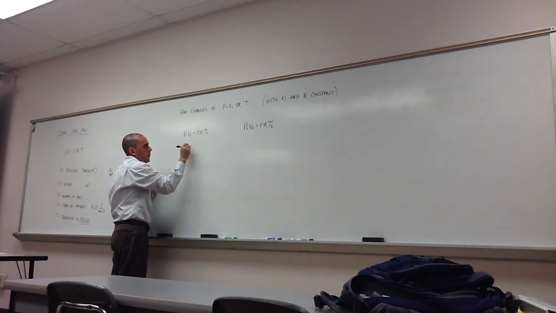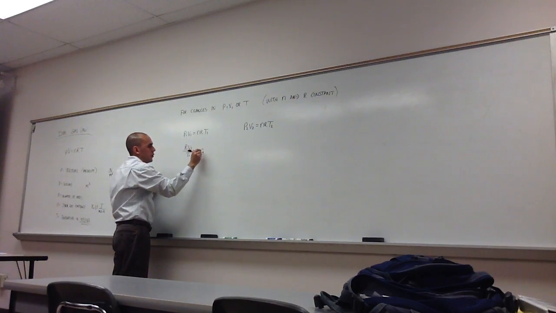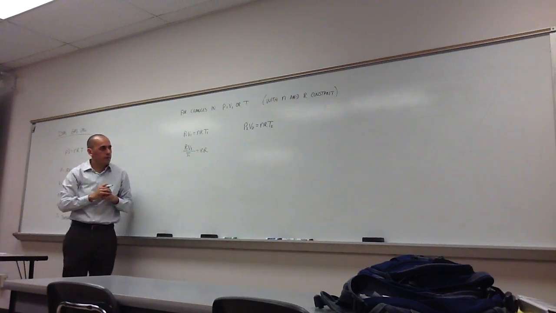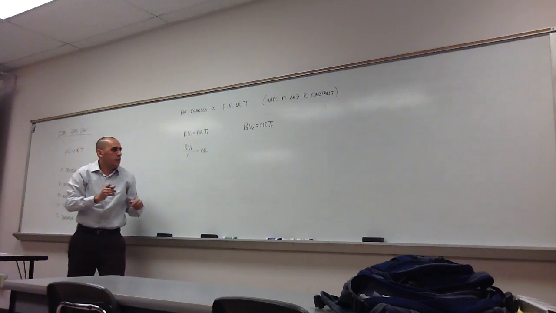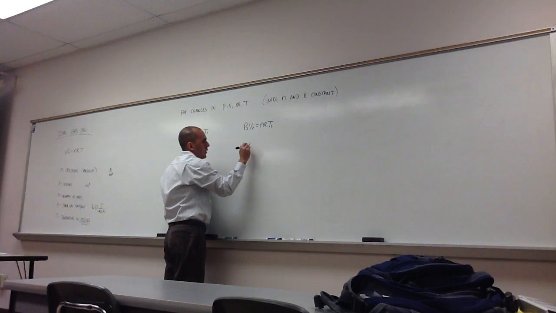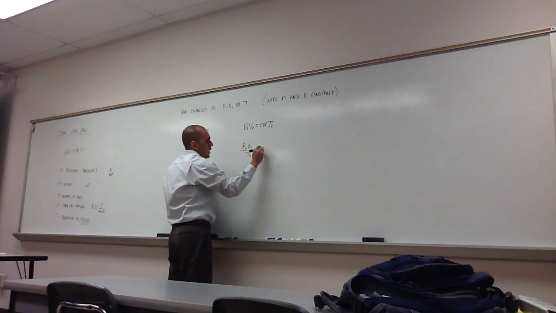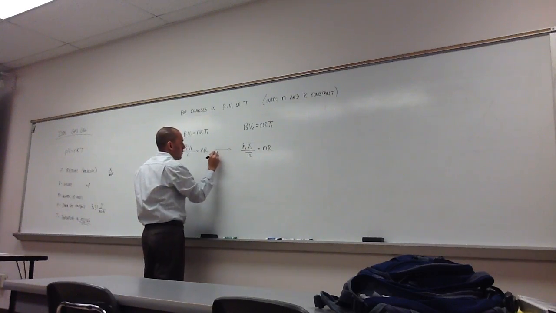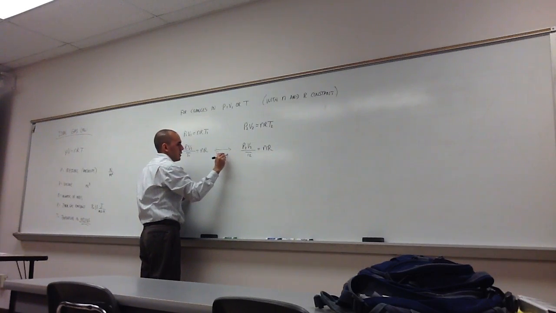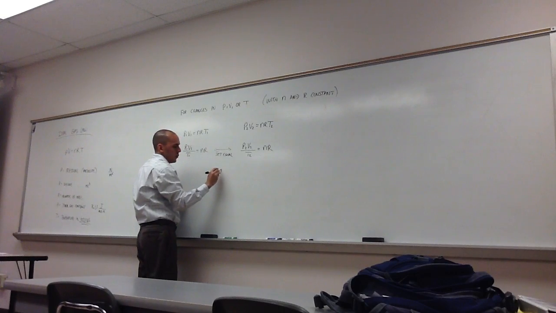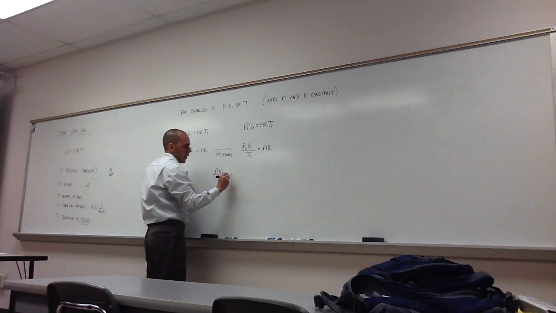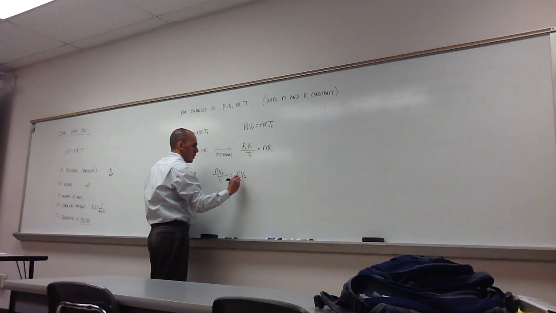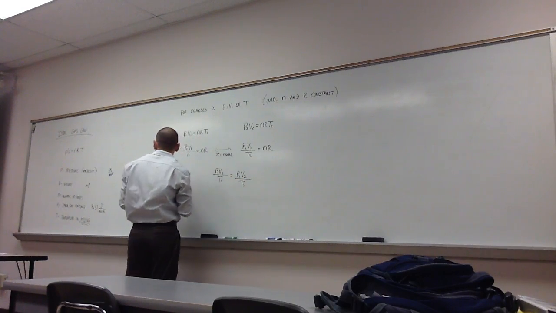If I say P1, V1 over T1 is equal to NR, okay, because NR is constant, and I have a P2, V2 over T2 is equal to NR, then we can just take these two, set them equal to get P1, V1 over T1 is equal to P2, V2 over T2.